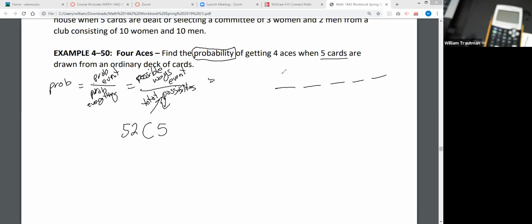If I ask you, I need to draw an ace here, it doesn't matter where I draw the ace. How many choices do I have of selecting an ace in this spot?